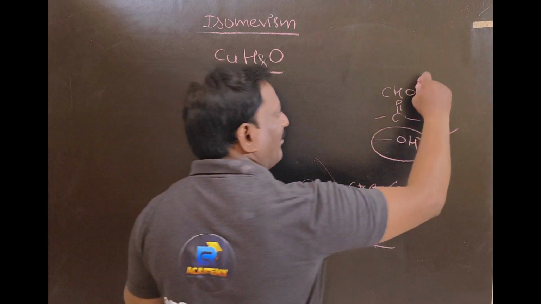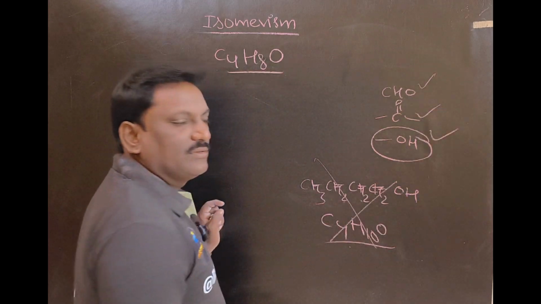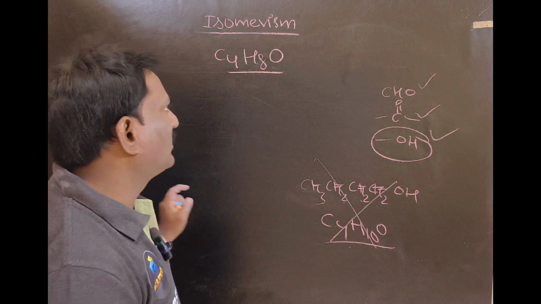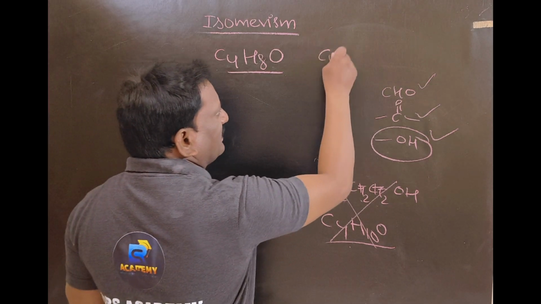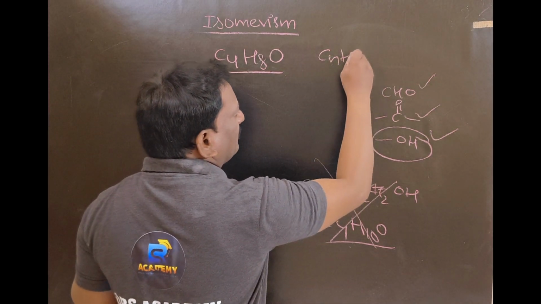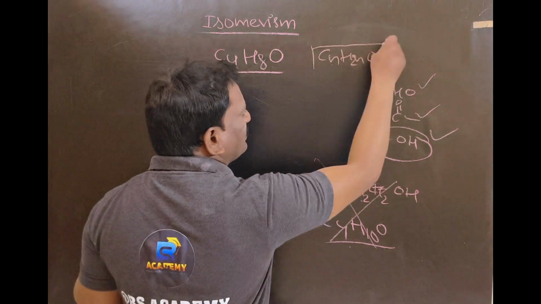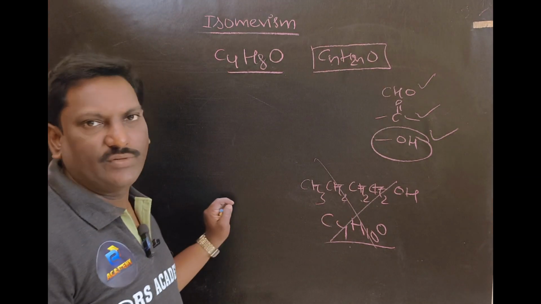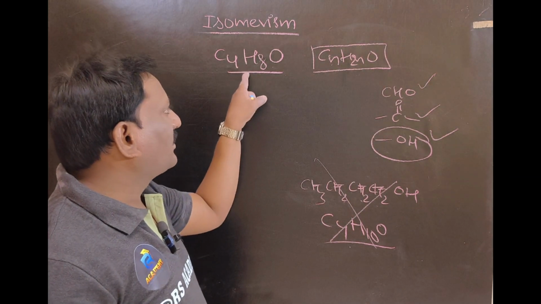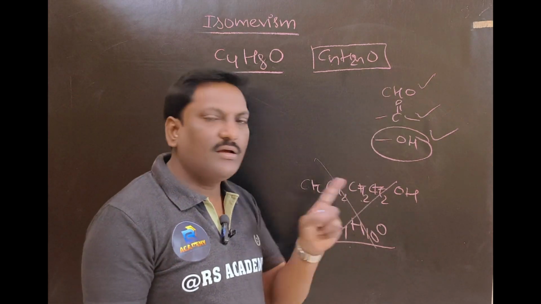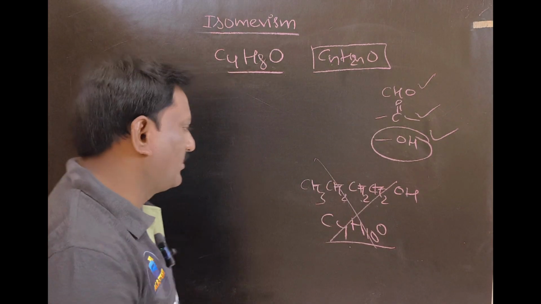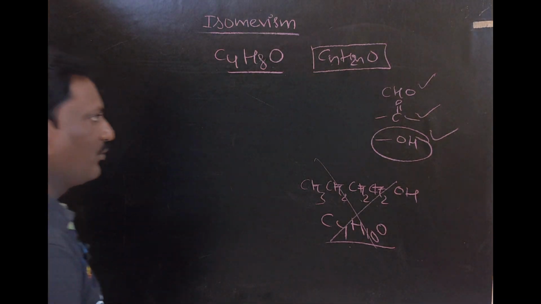But we can draw aldehydes and ketones, because the general formula for aldehydes and ketones is CnH2nO. So by using this formula, we can draw aldehydes and ketones, not alcohol. Please keep that point in your mind.